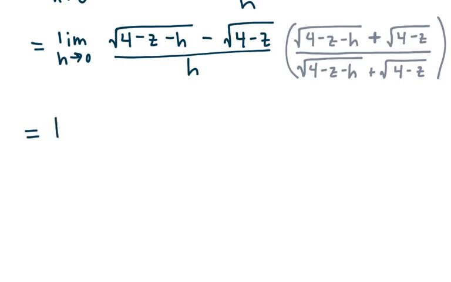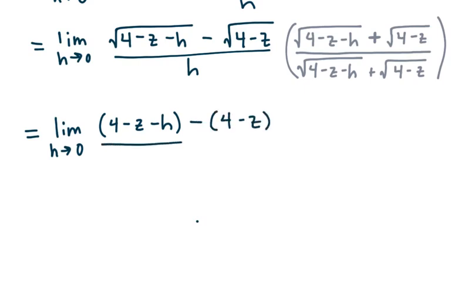So what does this look like? The limit as h approaches 0 of, I would have 4 minus z minus h minus 4 minus z.